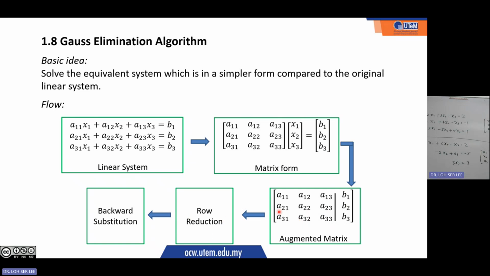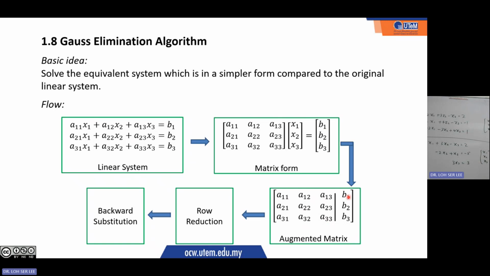Just now you looked at how to row reduce a matrix without this, but now we have to row reduce the B together. That means you just ignore the separator. When this row is multiplied by m and added to the next row, the second row, the same goes to this, and you apply the same to the b.